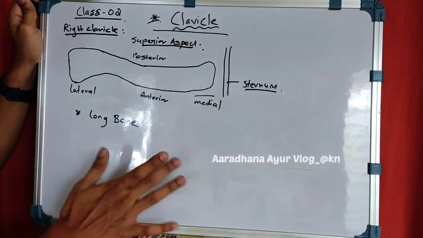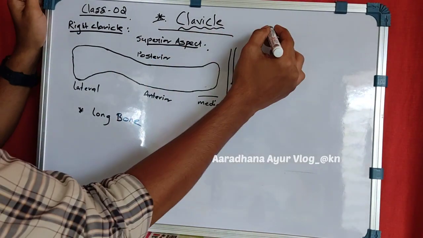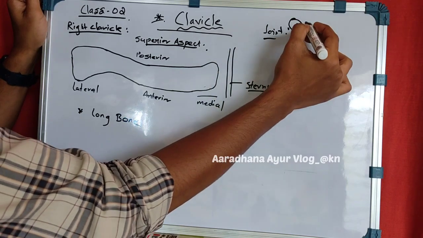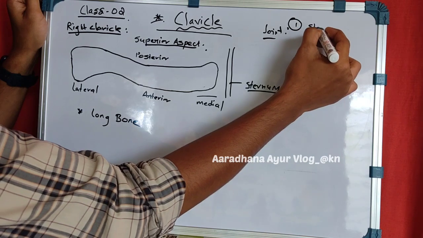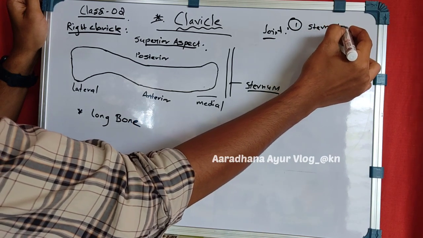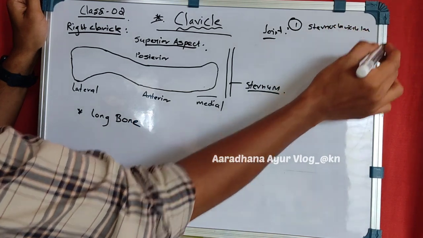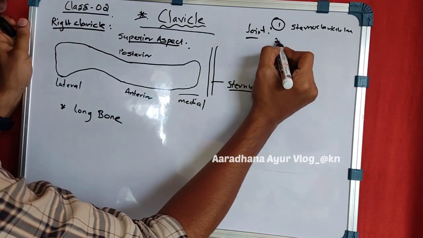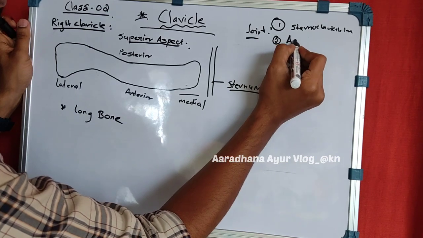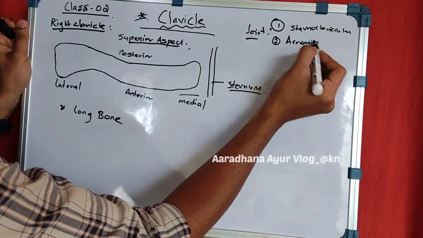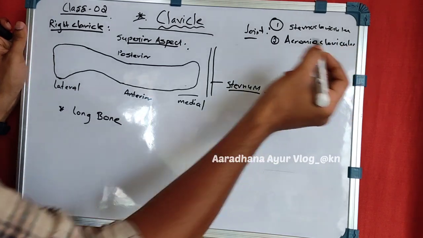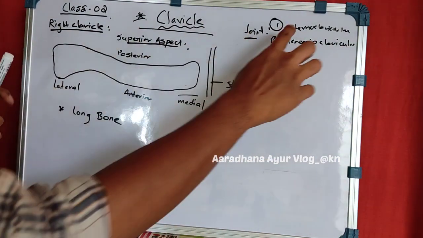Also, in the joint part, we discussed two joints in the shoulder region: the sternoclavicular and the acromioclavicular.